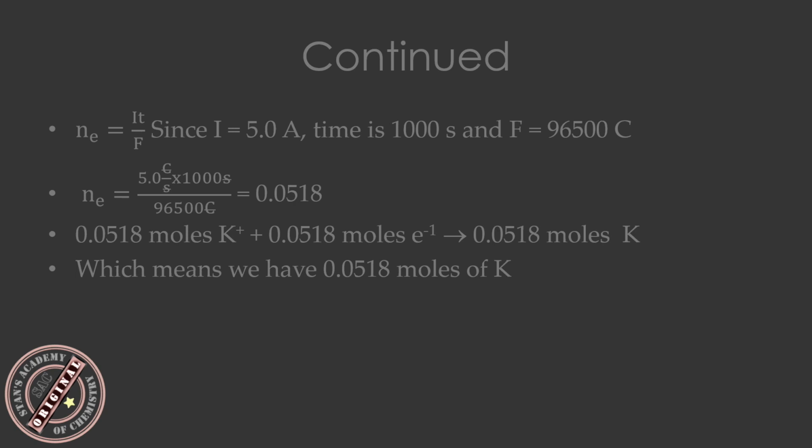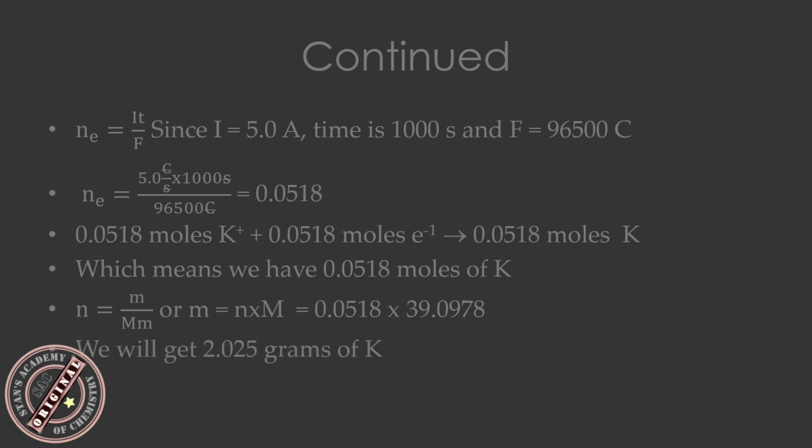Next, convert moles to grams using n = m over molar mass, or m = n times molar mass, which is 0.0518 moles of potassium times 39.0978 grams per mole, which will give you 2.025 grams of potassium.